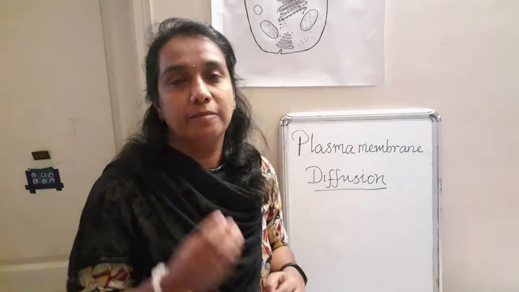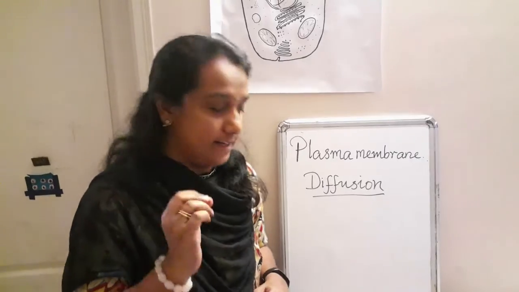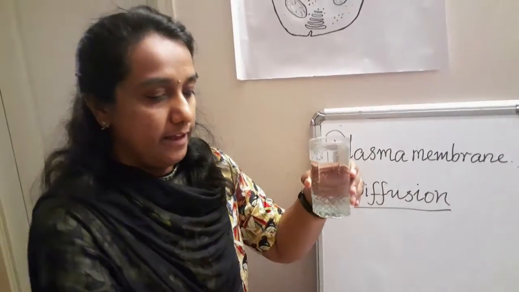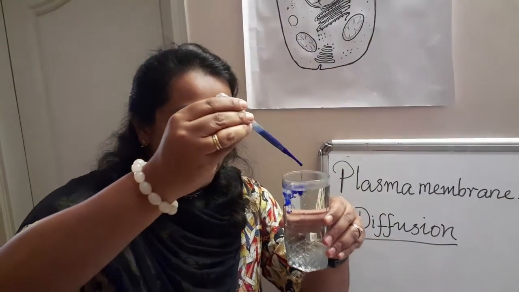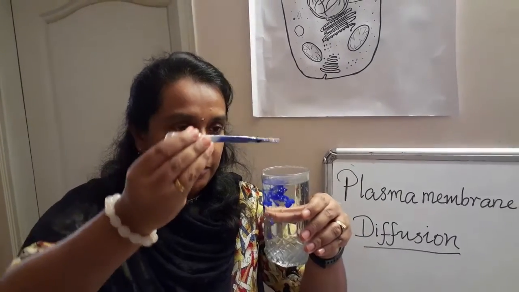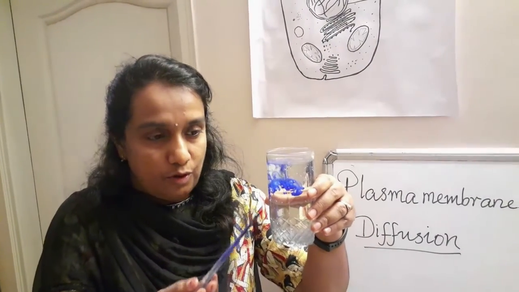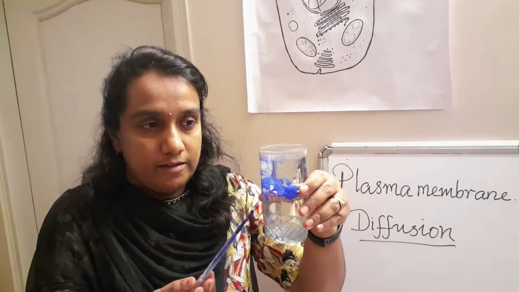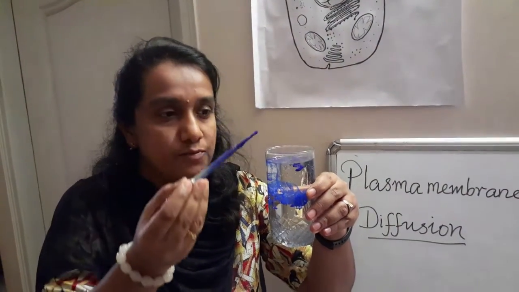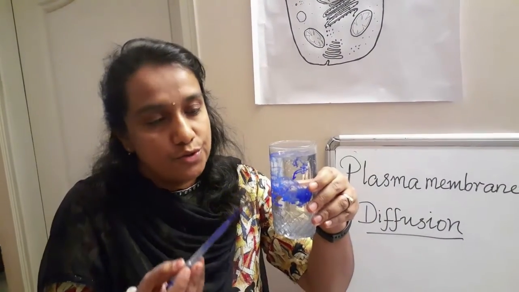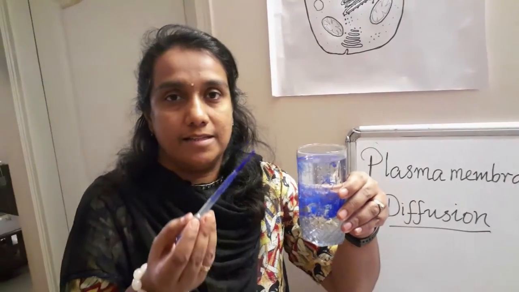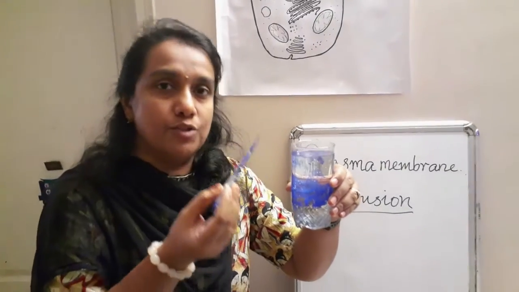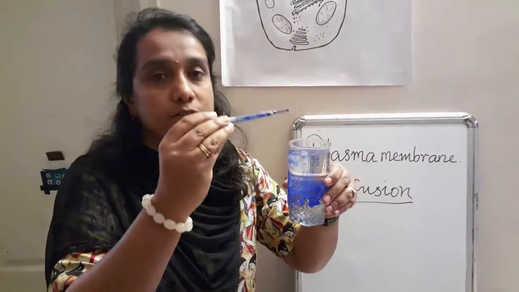I will make it clear by doing a small experiment. This is normal water. Now I am adding a little color to that. Can you see the color moving from high concentration to low concentration? So the movement of molecules from high concentration to low concentration is known as diffusion. Things will move from one cell to another cell by the process of diffusion.